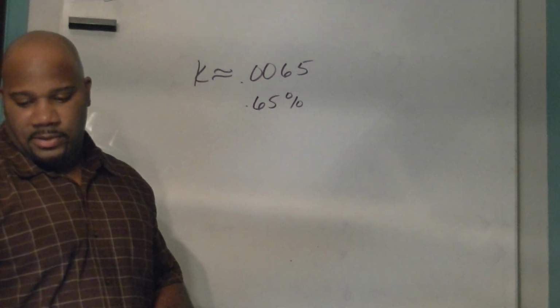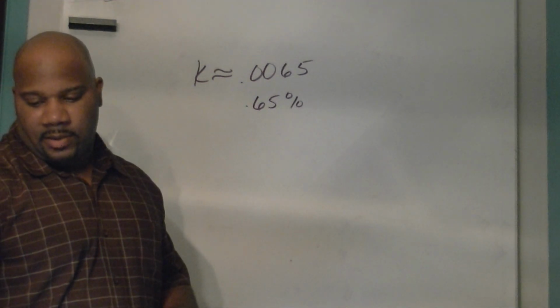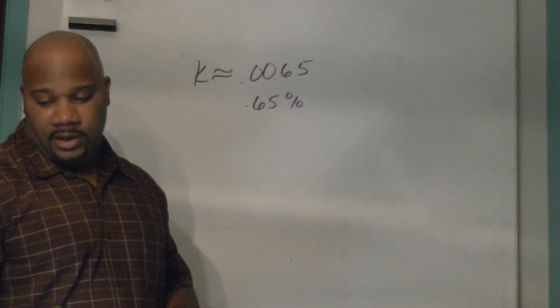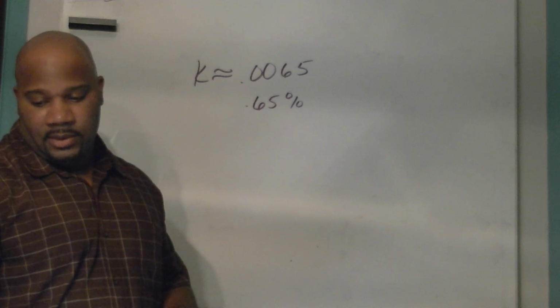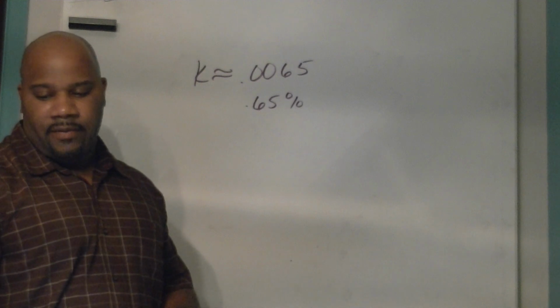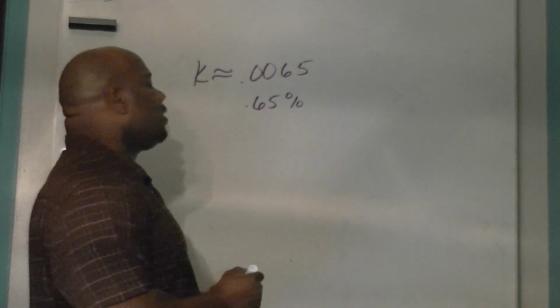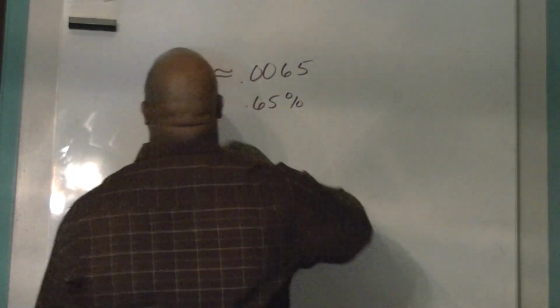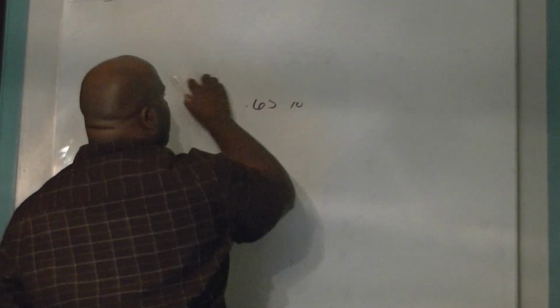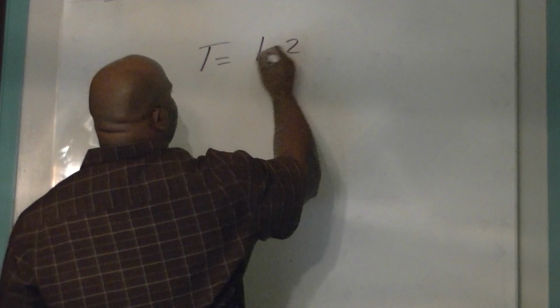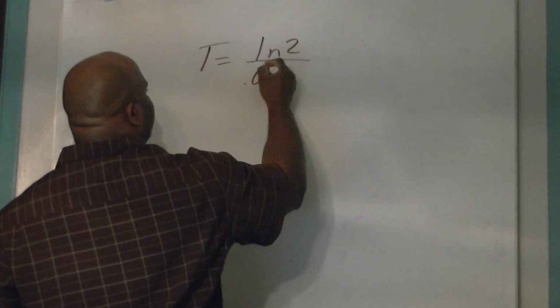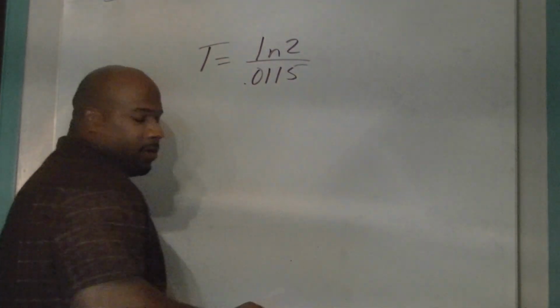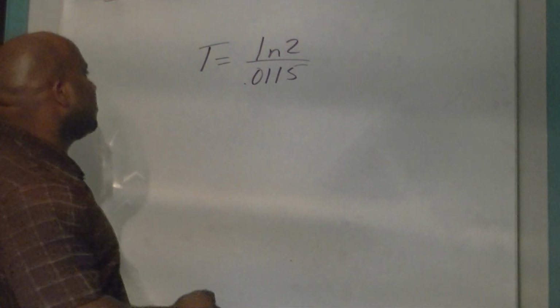Alright, so the next one says a substance decays at a rate of 1.15% per day. Find its half-life T. So we want to find the half-life, we want to find T, so we can use T is equal to ln 2 over K. It's up there. So we're going to say T was ln 2 over K as a decimal, 0.0115, this is 1.15%.